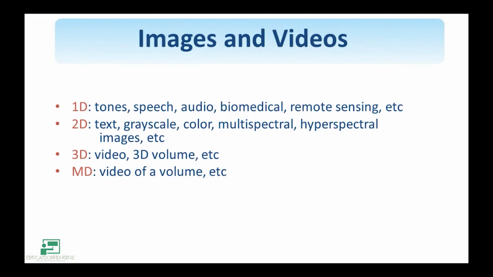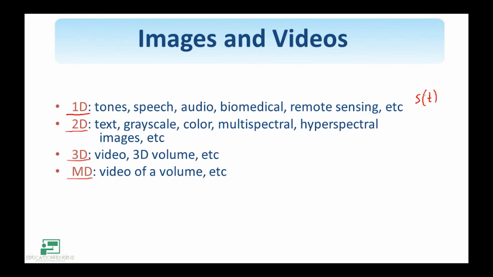Depending on the number of the independent variables, signals can be classified into one-dimensional, two-dimensional, three-dimensional, or in general, multidimensional. So tone, speech, audio, biomedical signals are one-dimensional, typically a function of time.